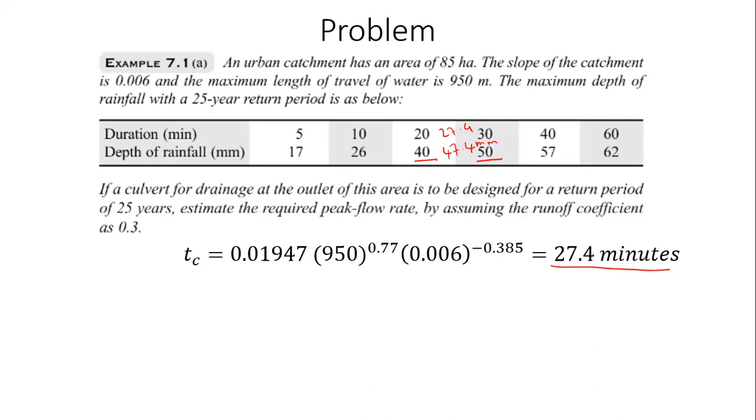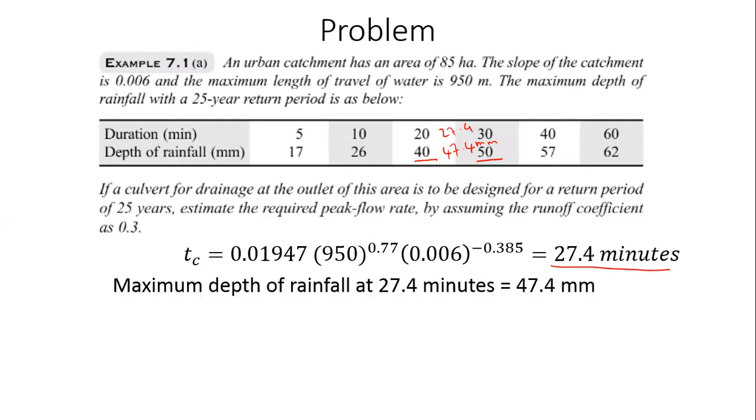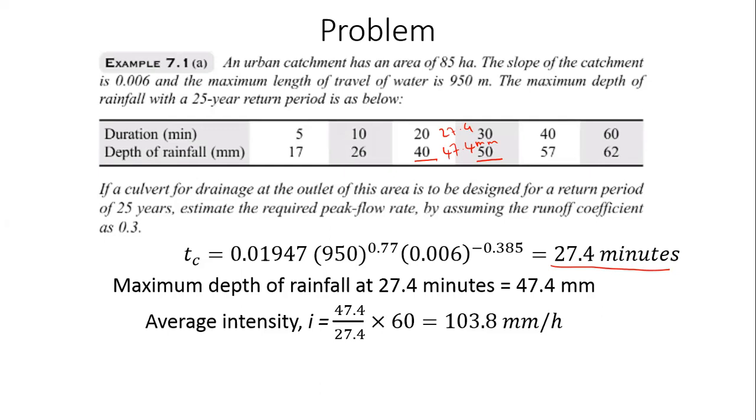Exactly. So 47.4 mm of rainfall has been received in 27.4 minutes. So you can find out the average intensity of the rainfall, right? So 47.4 divided by 27.4 into 60 to convert it to millimeters per hour. So you get 103.8 millimeters per hour.